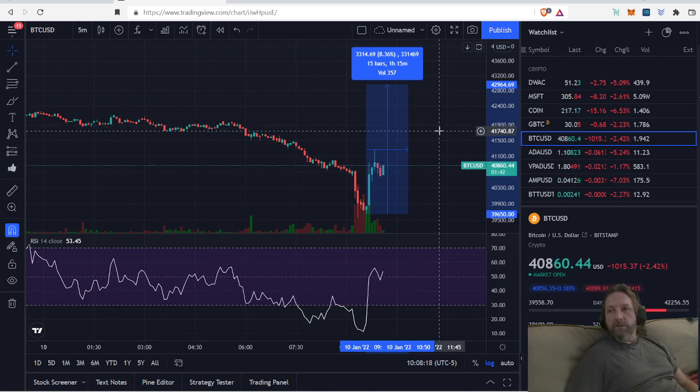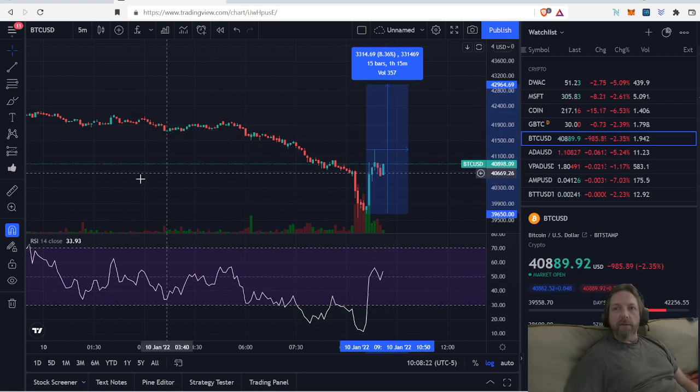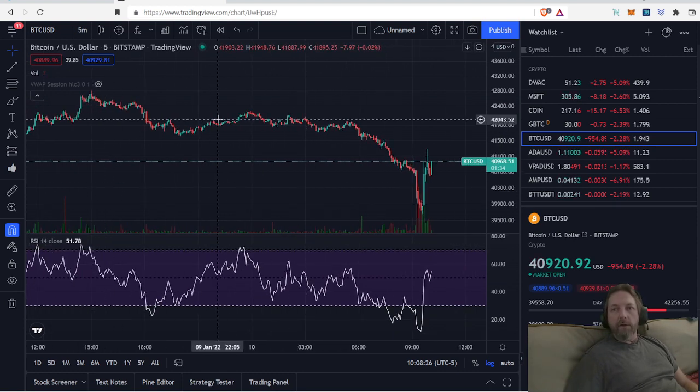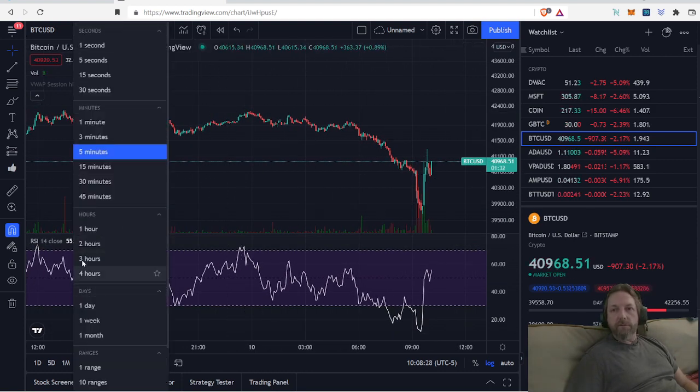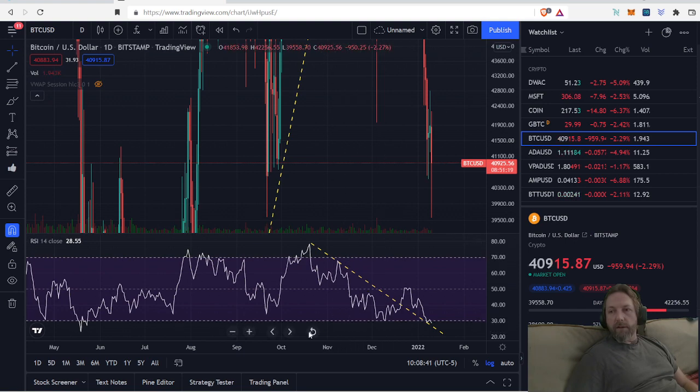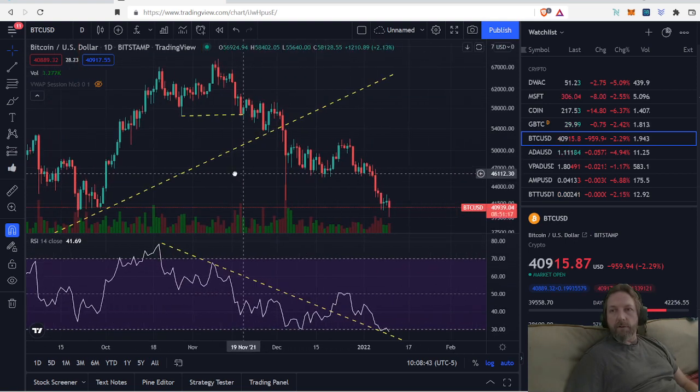This is on a 5-minute chart, from 40 to 41.7 or so. That would be a short term. If we can see some stuff start turning around, I'll take small trades every once in a while, sometimes more than once in a while. But this is mainly what I'm looking at here.